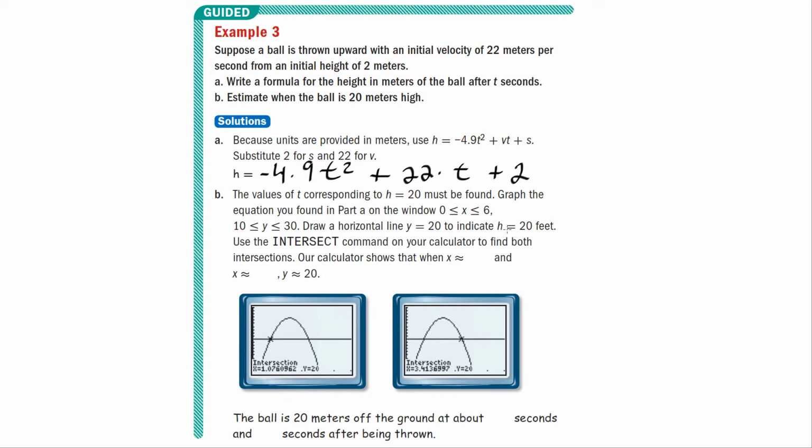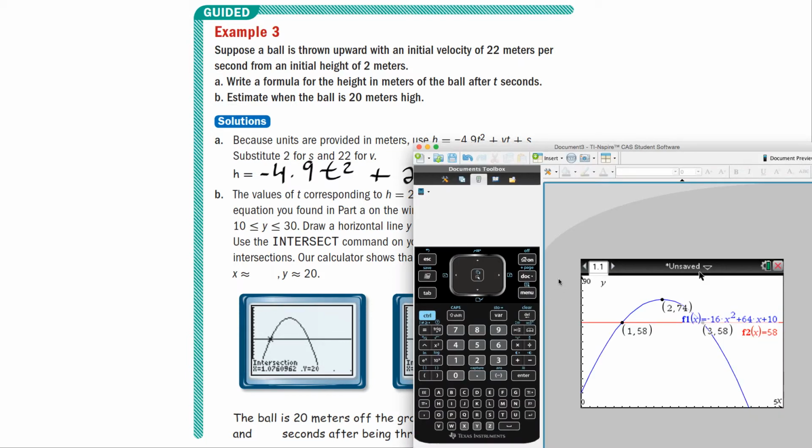All right, let's go back to our graphing calculator, and I'm going to get a new window here. Add a graph.